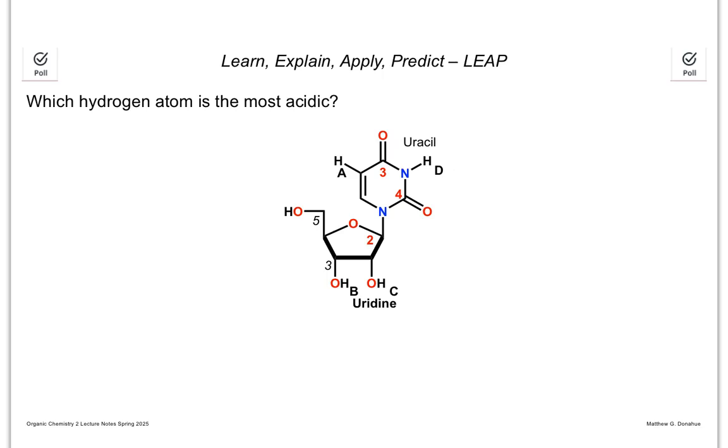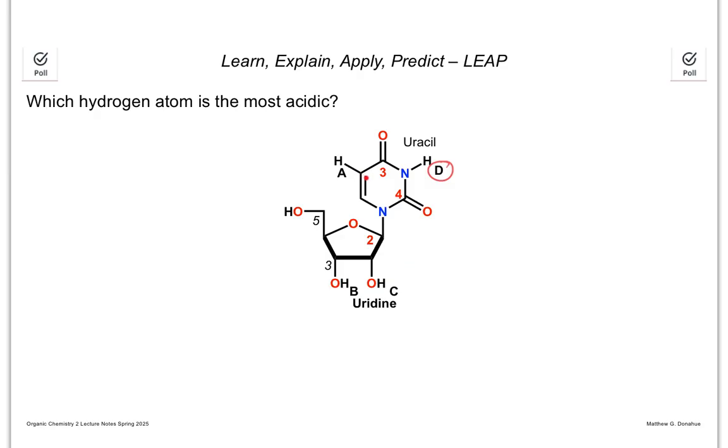So in uridine, which hydrogen atom is the most acidic? Yeah, D. So how do we know that? B and C are both alcohols. They have a pKa of around 16.